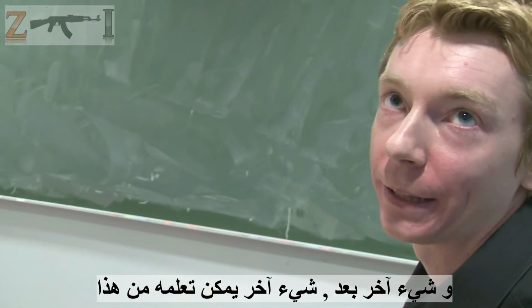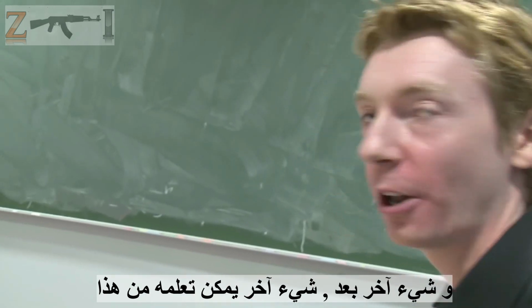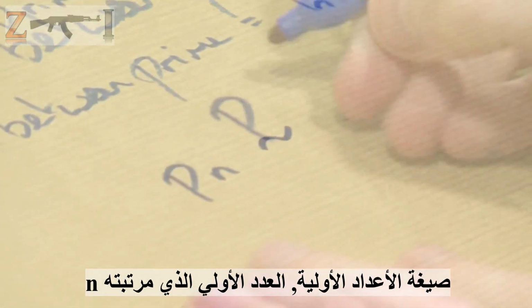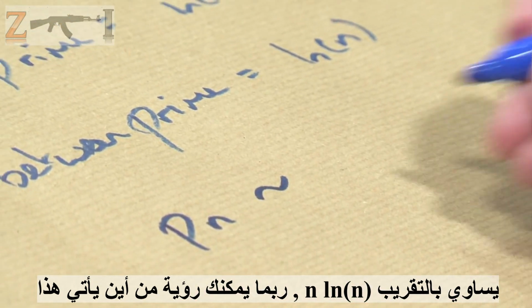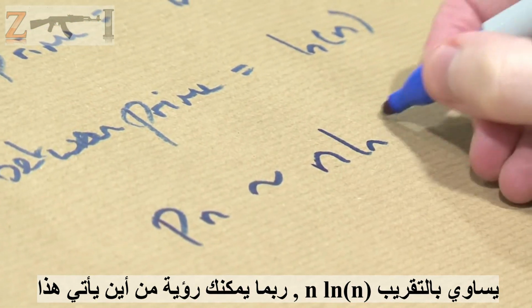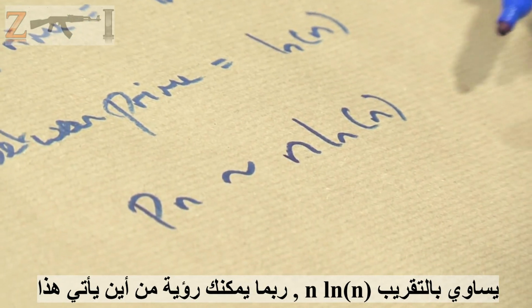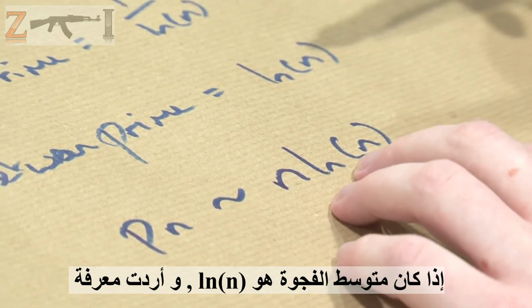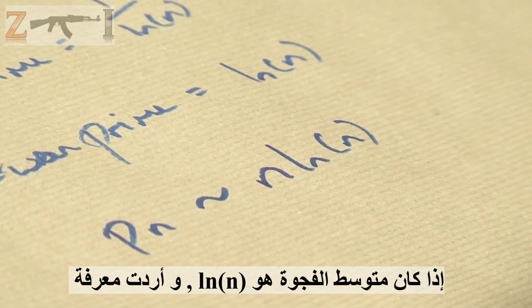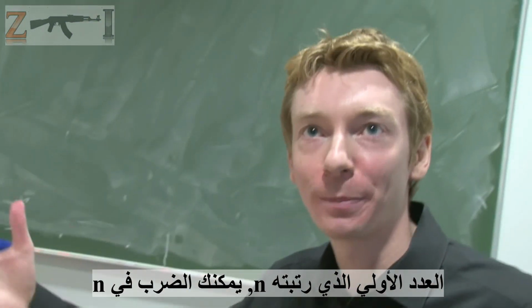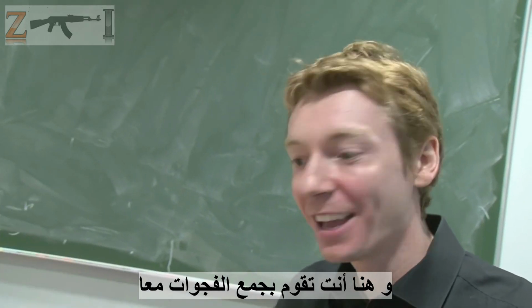And then, one more thing we can learn from this. A prime number formula. The nth prime, twiddles, is approximately n lots of log n. So you might see where this comes from. If the average gap is log n, then if you want to know the nth prime, you can multiply by n, you add the gaps all together.